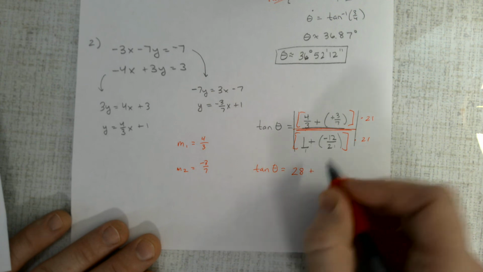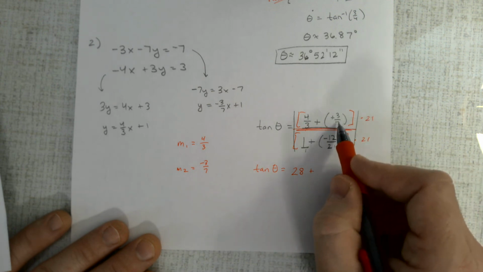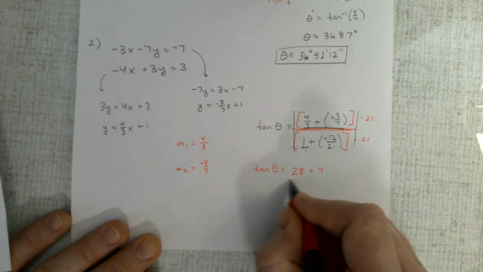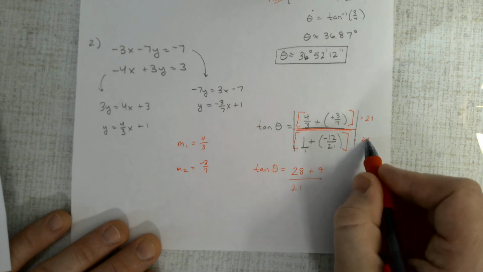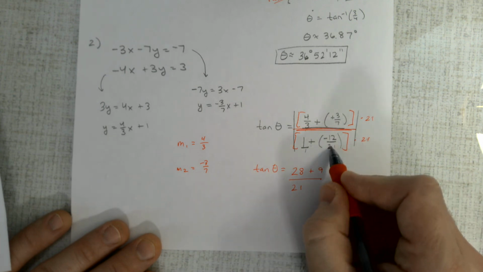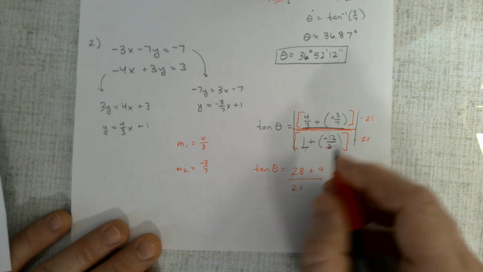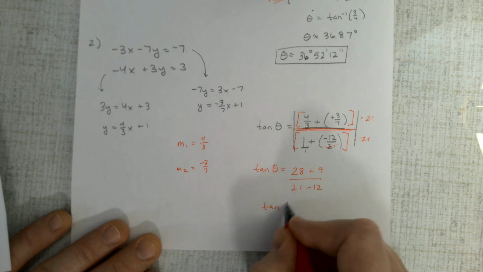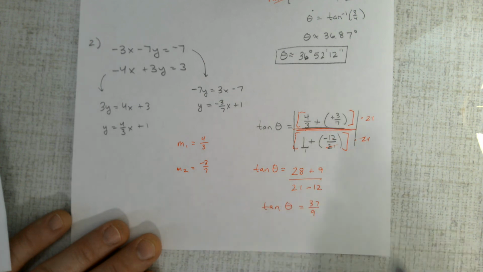It's a lot simpler. 21 divided by 7 is 3. Then times 3 is 9. And down here, 21, here's 21. 21 divided by 21, and 12. These would eliminate, minus 12. Alright, what do I have? Tangent of theta is 37 over 9.